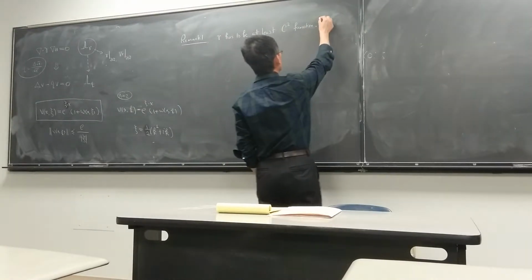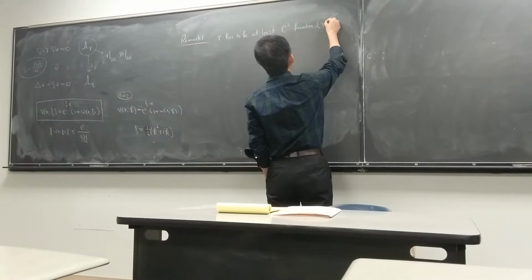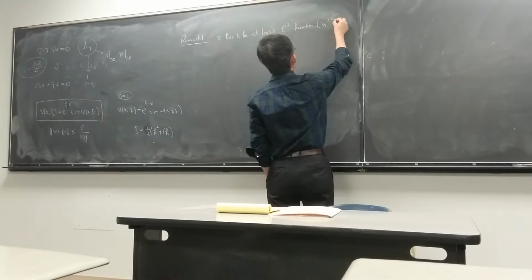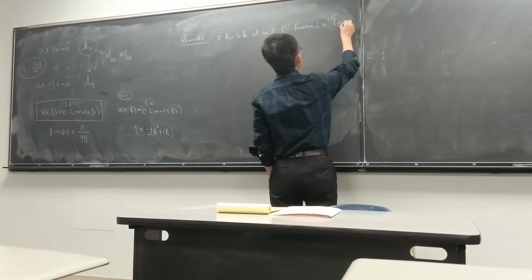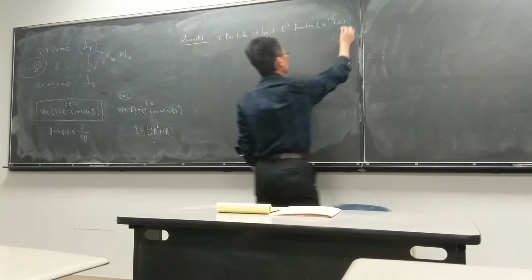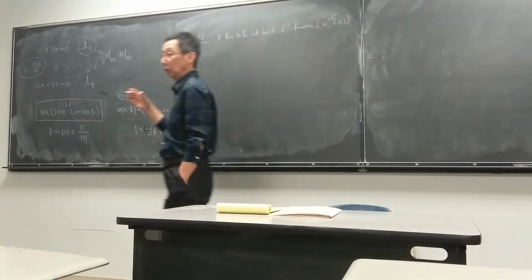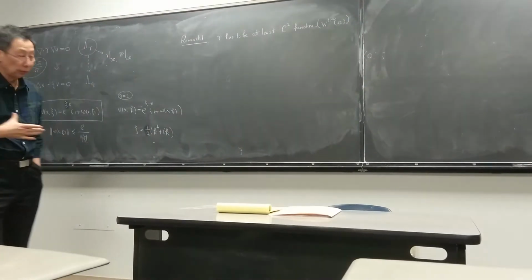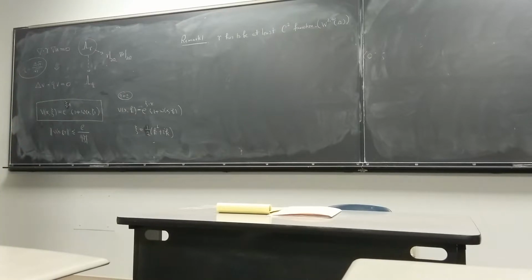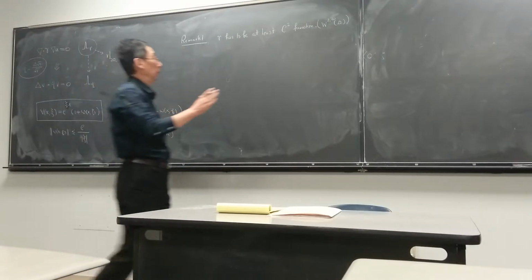Or sometimes you can think about weak set W to infinity. W to infinity means the function is twice differentiable, the derivative is infinite. But normally, for simplicity, you can use C2.